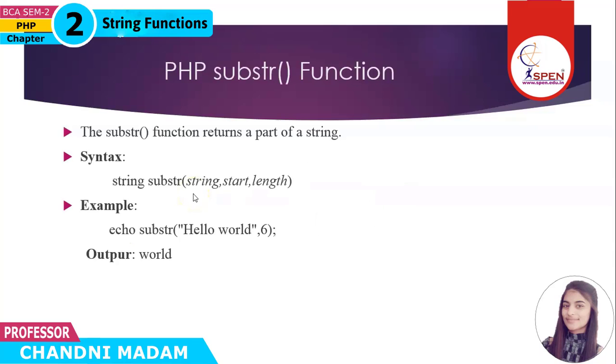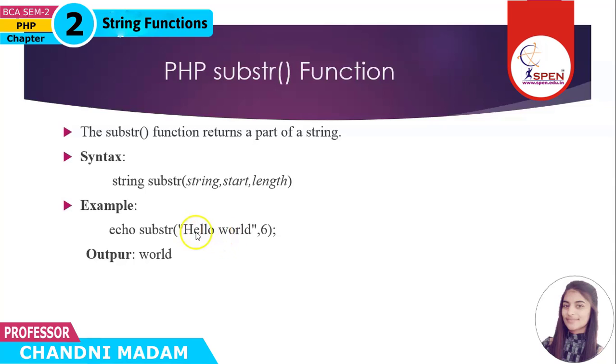Now here we will see an example. In the substr function we will pass the string and the starting position. So the starting position is 6, that means 1, 2, 3, 4, 5 and 6. Now these are 5 characters and the sixth one is the space.